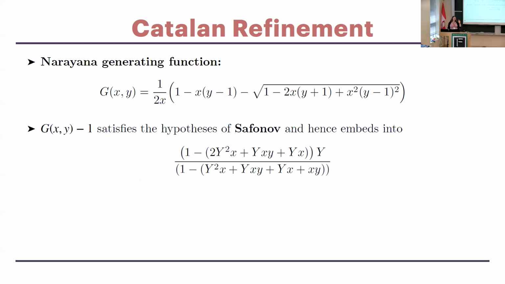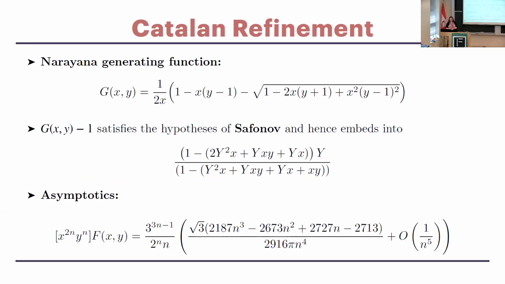So again, recall Denef-Lipshitz got rid of the hypothesis that we needed initially for our function to have a 0 constant, but Safonov added that back in, so we do need to do a little bit of pre-processing just for that. So subtracting off that 1, we then get this lovely embedding here. And here I have asymptotics for when the exponent on X is twice the exponent on Y.